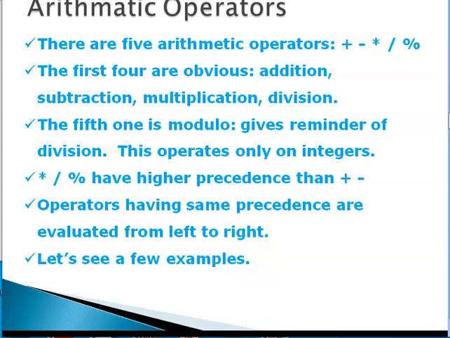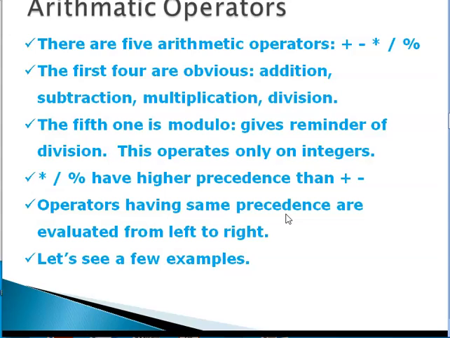Of these, your asterisk, that is multiplication, division, and modulo operator, these last three have higher precedence, higher priority than addition and subtraction. So those will be evaluated first. The expression is read from left to right, and those that have higher priority are evaluated first, and then the lower priority ones are evaluated.